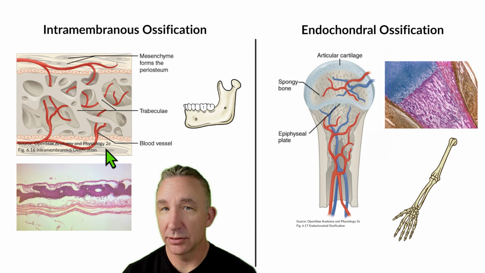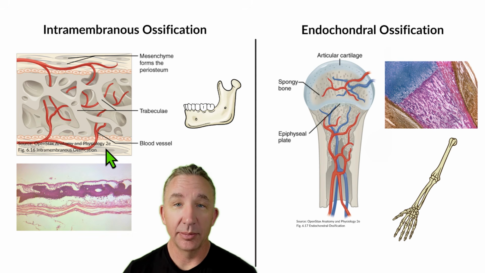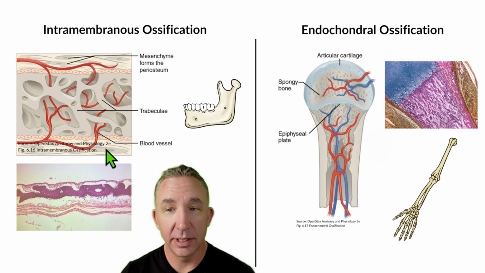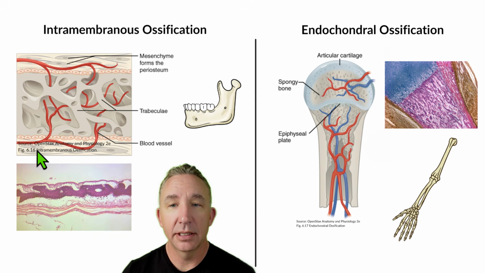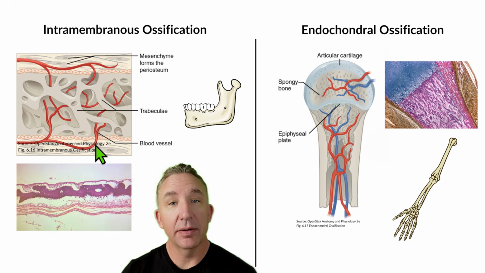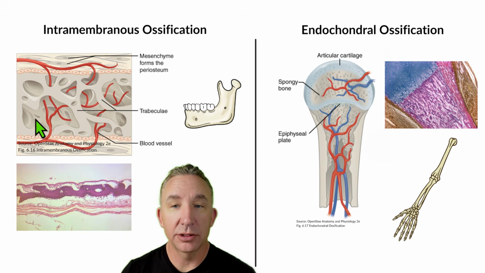So mesenchymal tissue is that basic tissue that then differentiates and turns into other types of cells to give me the final product. In this case, we're talking about bone. So we'll see two sheets, one here and one here, of mesenchymal tissue that will gradually migrate and change with the blood supply to give me the actual structure of bone.